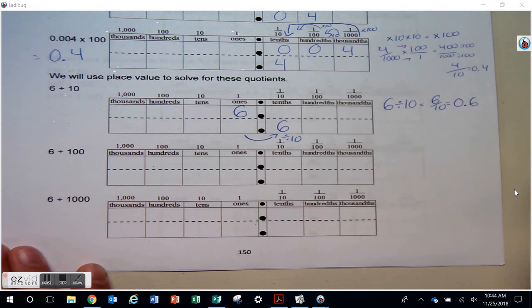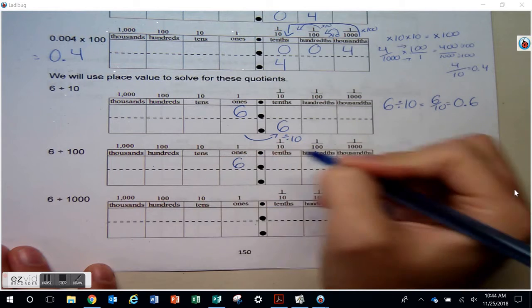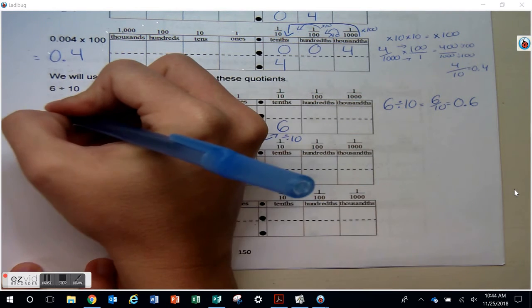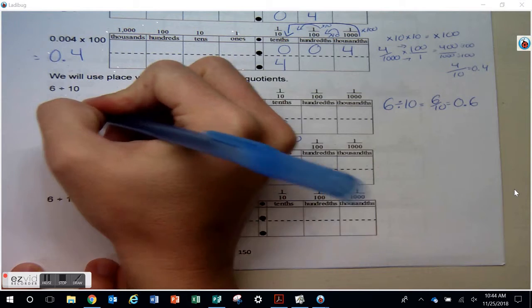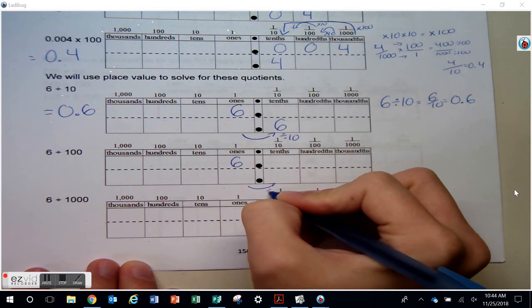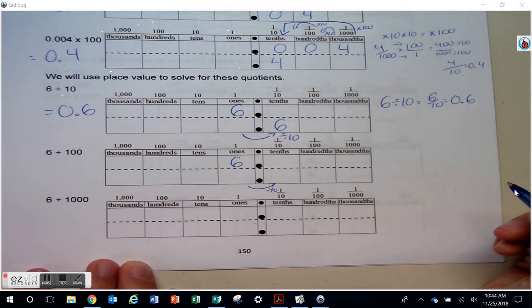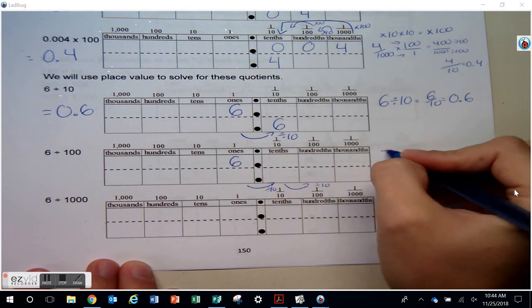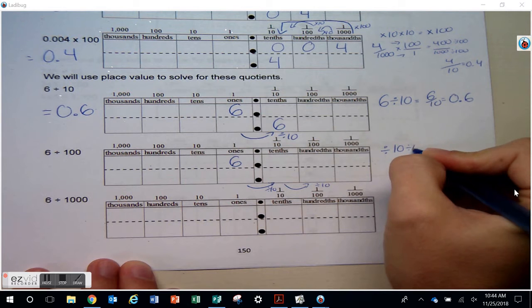6 ones divided by, this time, 100. Oops, let me write 6 tenths here. 6 ones divided by 100. Well, I know that dividing by 10 gets me one place value. If I divide by 10 again, I get to 2 place values, which is the same as dividing by 100.